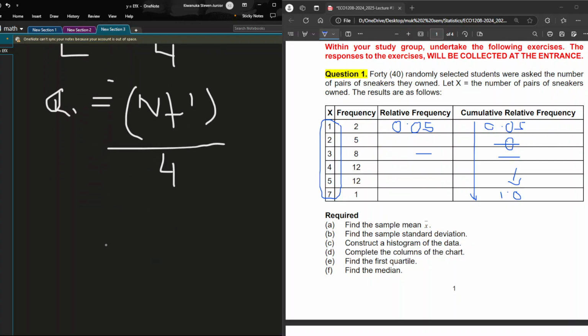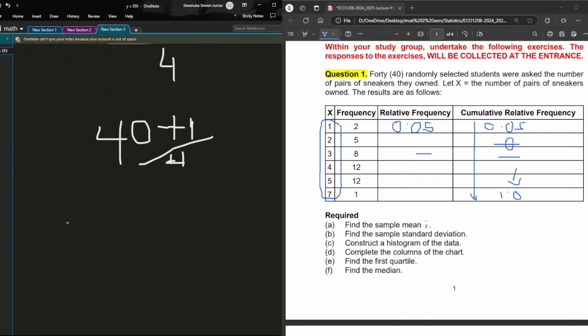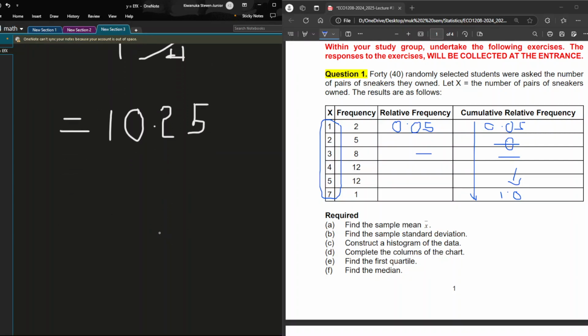So this is our formula, and we have 40 plus 1 out of what? Out of 4. And our answer gives us 10.25. So that means the 10th value or 11th value, which will be a 3.